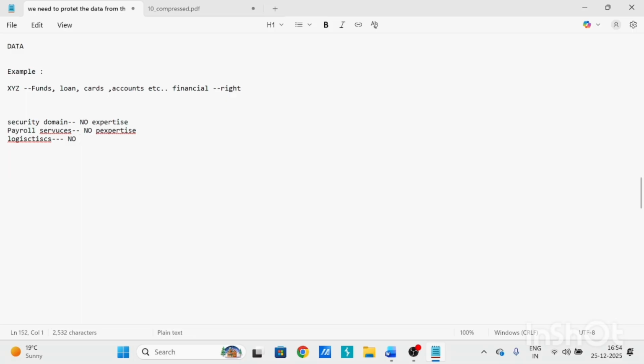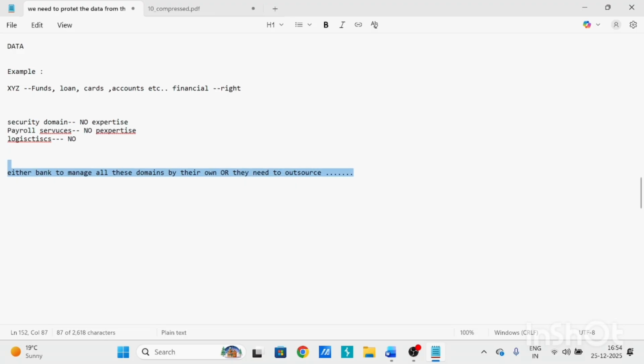So either the bank manages all these domains by itself, or they need to outsource.